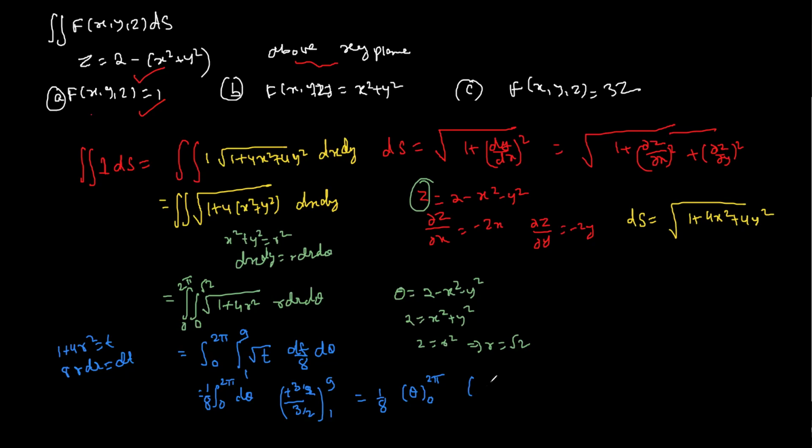When you put 9 and 1, you get 2 pi by 4, which means pi by 2 into 27 minus 1 over 3. This is your answer.